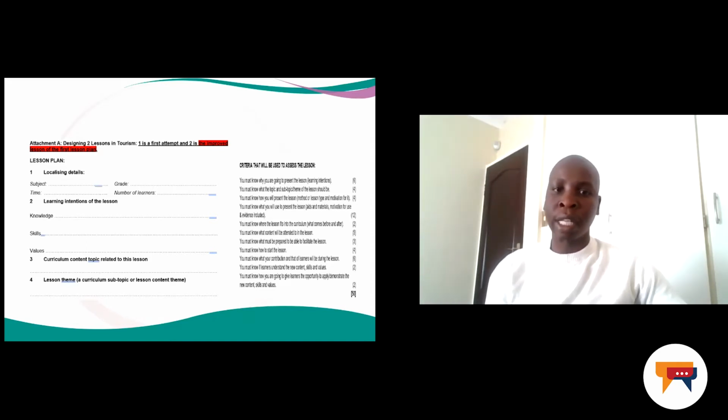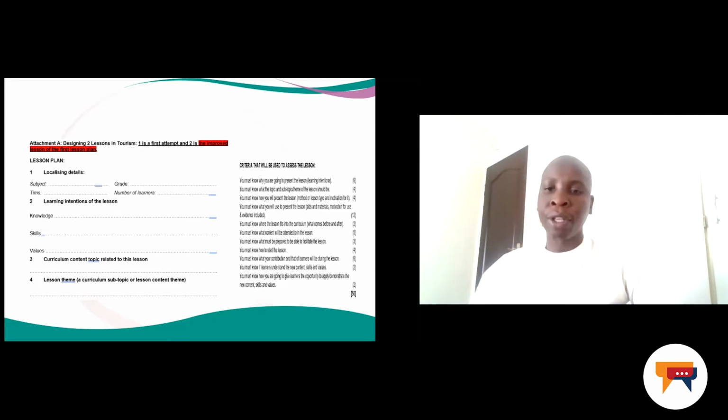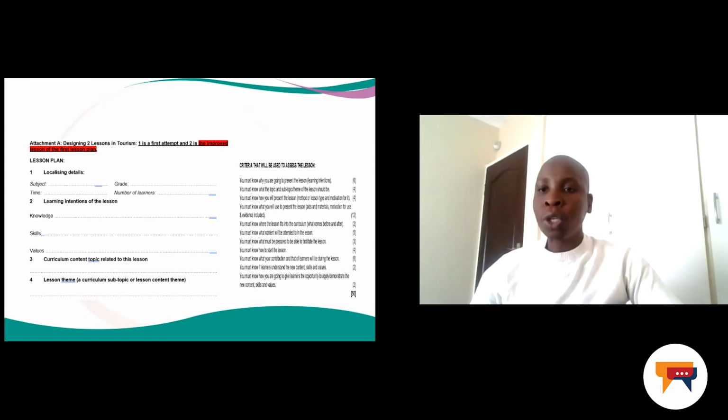Those are the lesson invitation that I have on the left. You must know the topic and the themes where it's located. Maybe the first 2, 3 questions will be worth 1, 2 marks, but when you go to the third question, it says you must know how you will present the lesson, the method, the type of the lesson, and the motivation behind the choice of the lesson method that you have chosen.